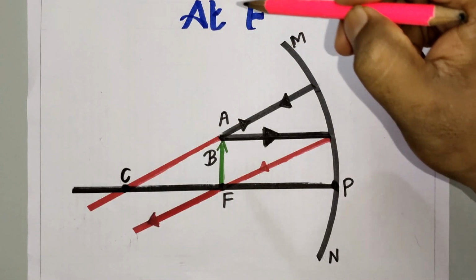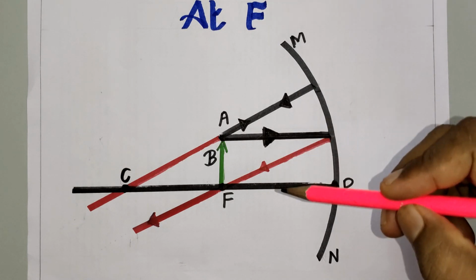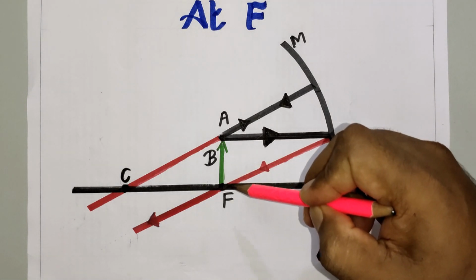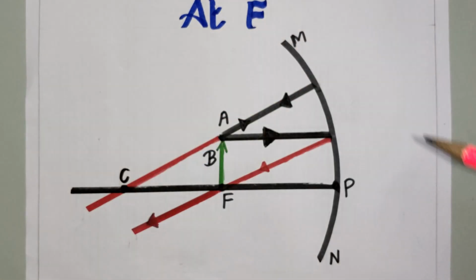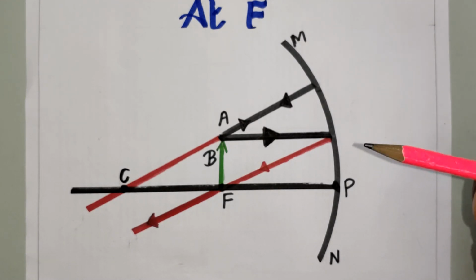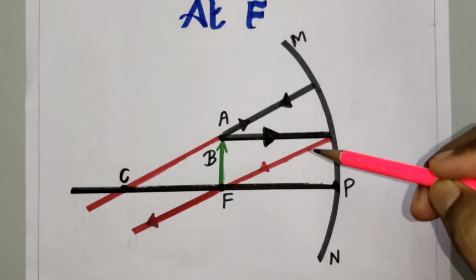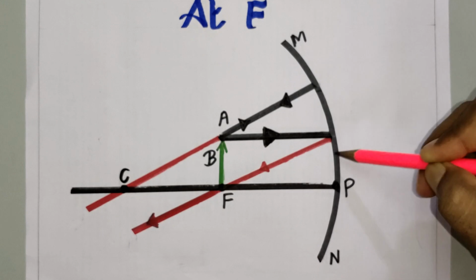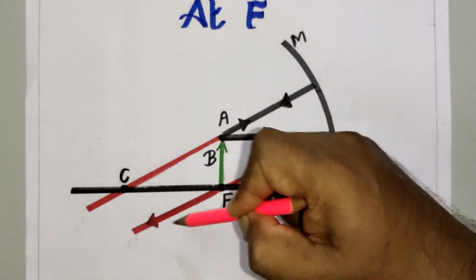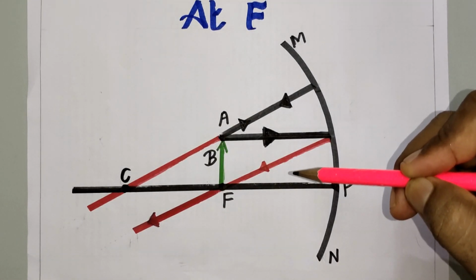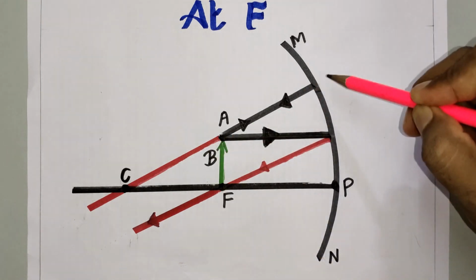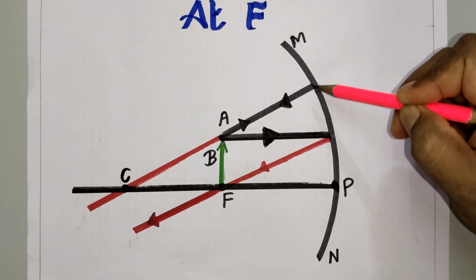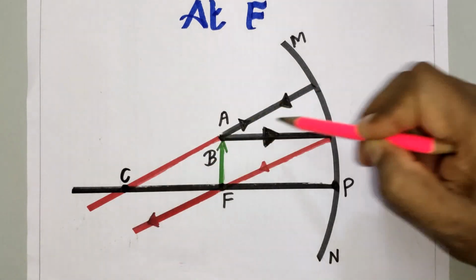Fifth position, at F. When we place the object at F, then we will get the image at infinity. How? From the 4 rules, we may take any 2 rules. According to rule number 1, if the light rays from the object travel parallel to the principal axis, then they will reflect through F. Another rule, if the light ray passes through C, then it will reflect through C itself.